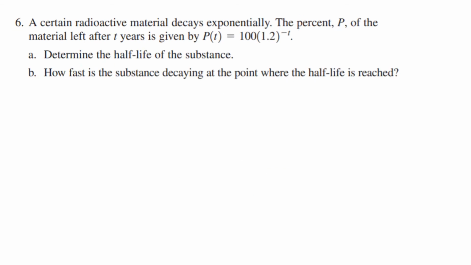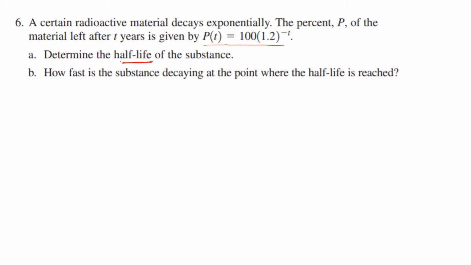So a certain radioactive material decays exponentially. The percent P of the material left after t years is given by this function right over here, and it wants us to determine the half-life of a substance. So you guys are going to see a lot of half-life problems in the future too. What half-life means is half of your original value.